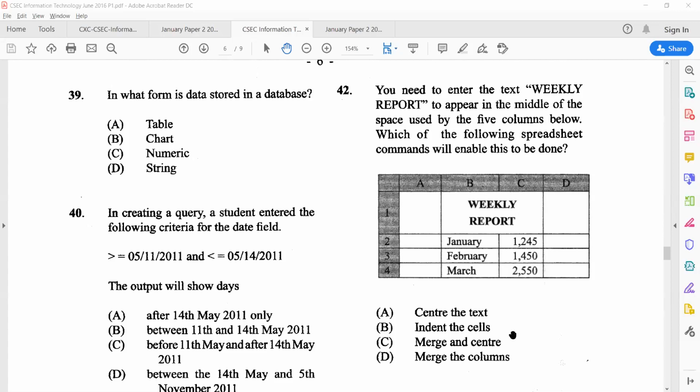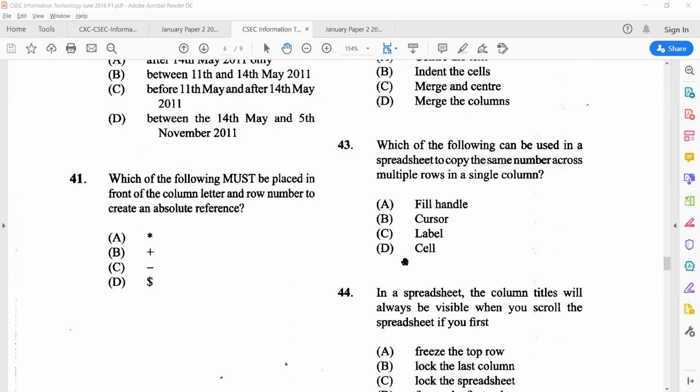So what will you use to have this text weekly report appear in the middle of the space used by the 5 columns? Okay, so the feature you're going to use is merge and center. All right, so merge and center will accomplish that, which is C.